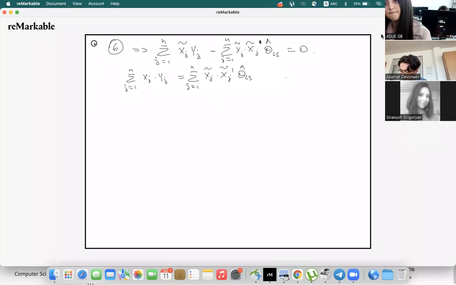So now what you have here, this is a matrix. You see, right? It's a matrix. What is the size of X tilde?